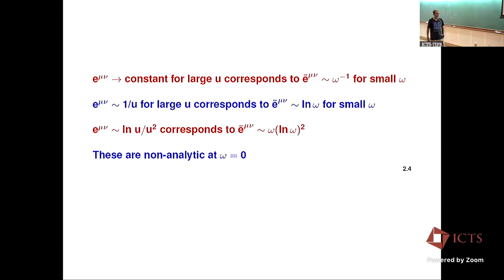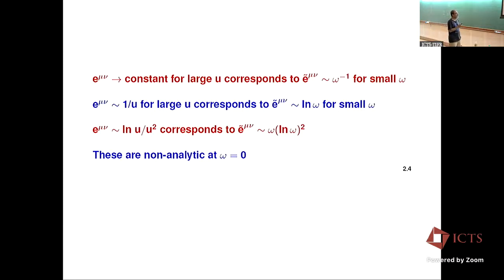A general feature is that the late and early time behavior in position space controls the behavior of the Fourier transform for small frequency. We see here that the late time behavior of E mu nu is controlling the omega goes to 0 limit of the Fourier transform.